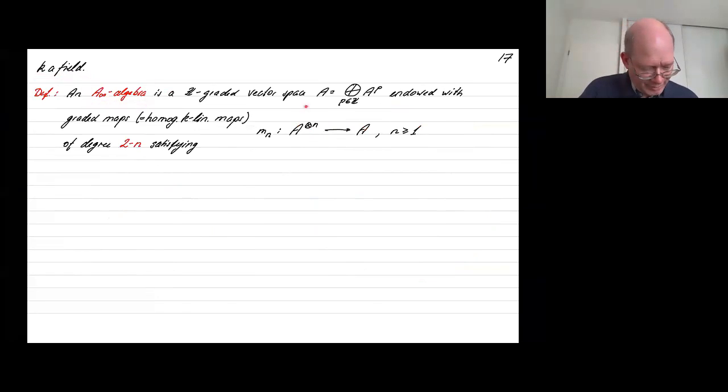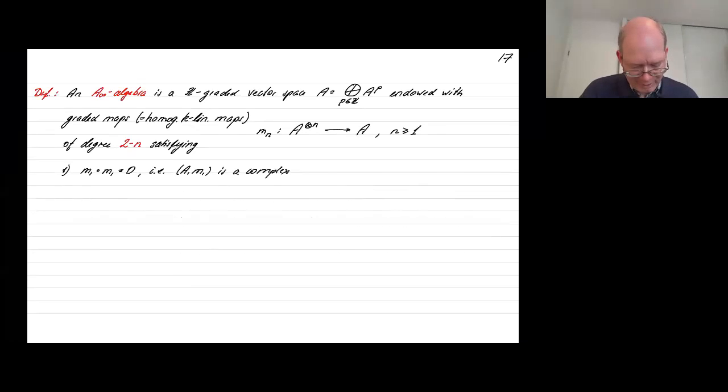It's a graded vector space endowed with graded, homogeneous K-linear maps Mn, defined now for all n greater or equal to 1. There's a small difference with the topological case. They have degree 2 minus n, which is minus the dimension of the nth Stasheff associahedron, and they satisfy compatibility conditions.